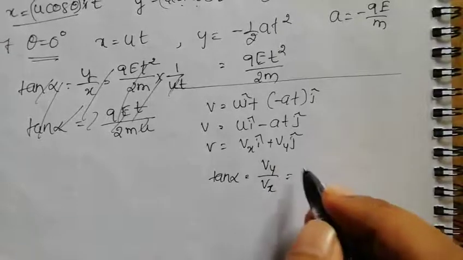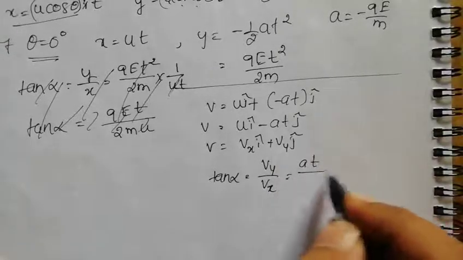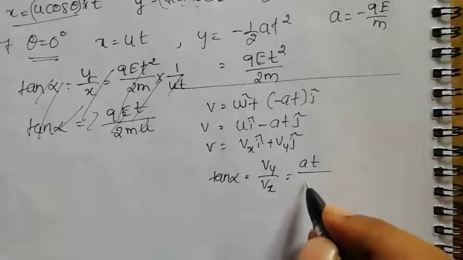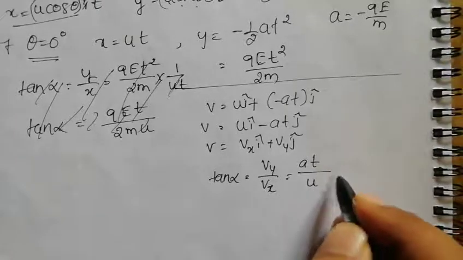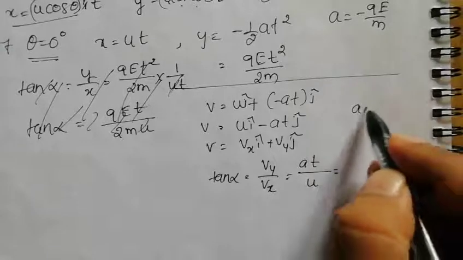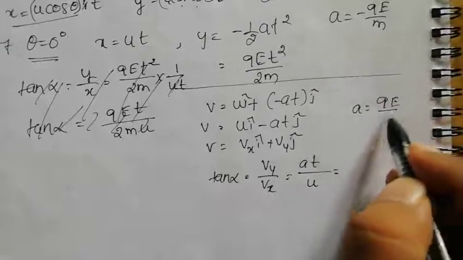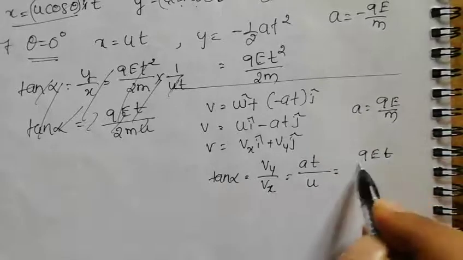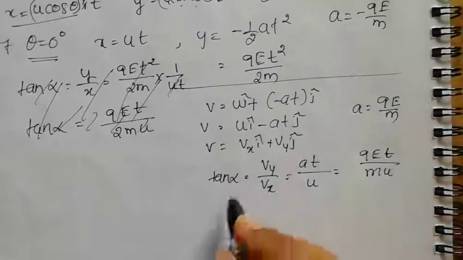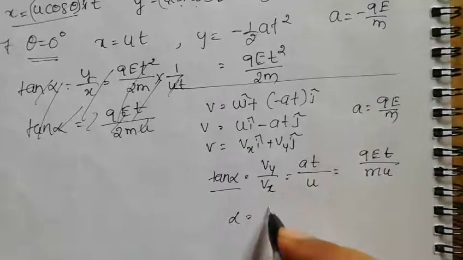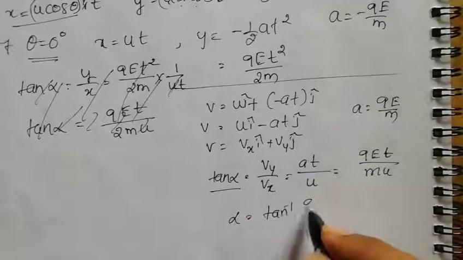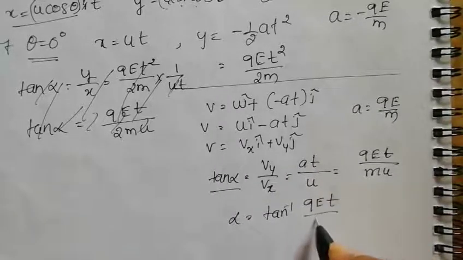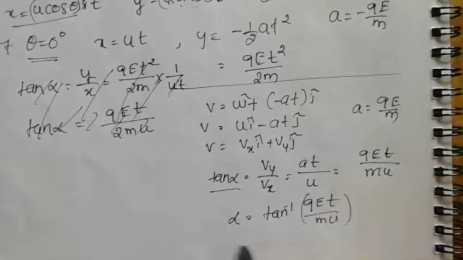Vy is a into t, and vx is just u. The value of a we already know, that is q into E by m. So putting the value, it is q into E into t by mu. So alpha equals tan inverse of q E t by mu. That is the direction.